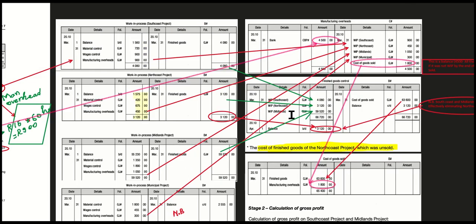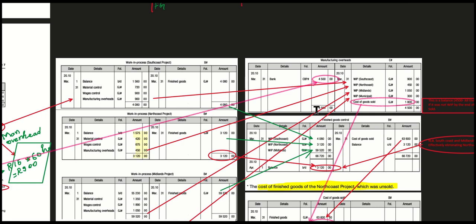So just to make sure again, for the manufacturing overhead, you clearly understood what I meant. I meant that 4,500, when you're looking at the manufacturing overhead ledger, is what we paid. We paid it out by EFT, right? For manufacturing overhead.